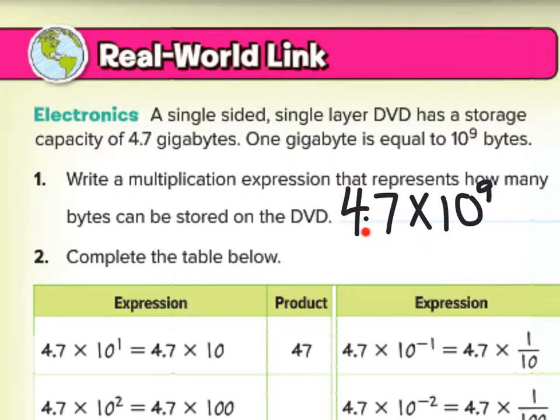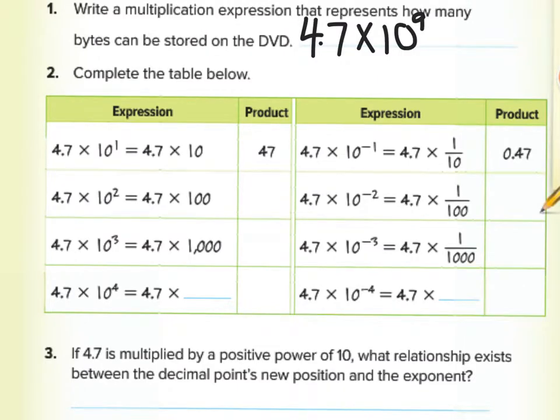So we just multiply it. This is essentially what we call scientific notation, when we are able to represent a number with the first value in the ones place, and then we multiply it by a power of 10 to represent how big it really is.